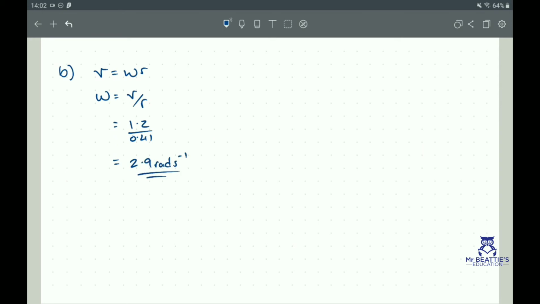That's our angular velocity. Then for c, we have to work out the centripetal acceleration of the bob. So a_c is equal to v squared over r. We know that v is 1.2, so 1.2 squared divided by 0.41 is equal to 3.5 meters per second squared.